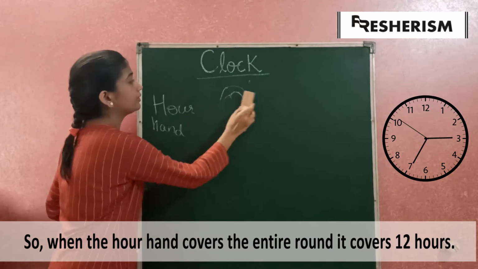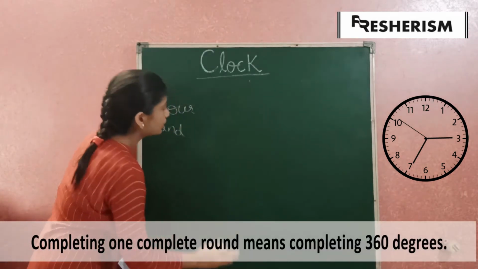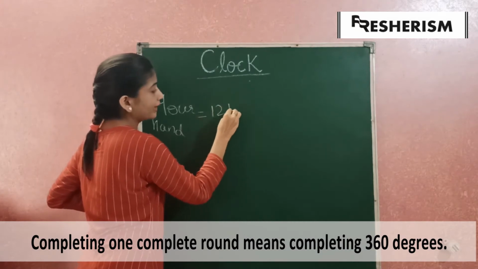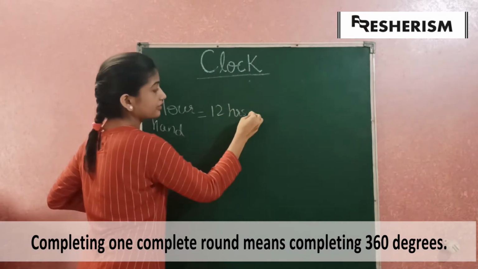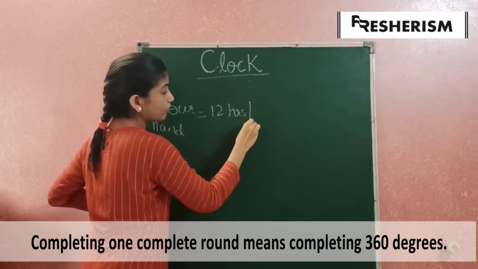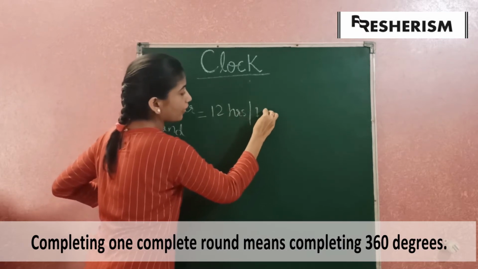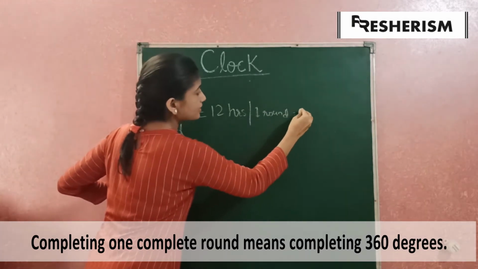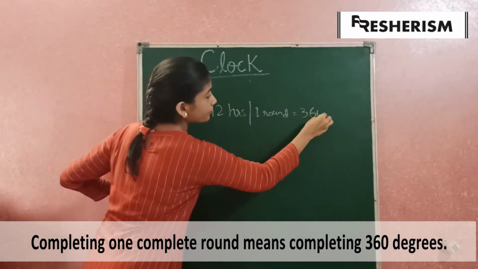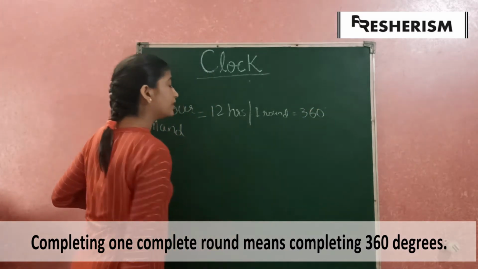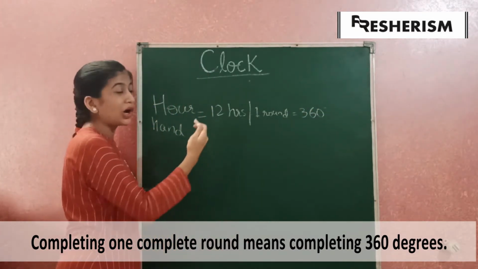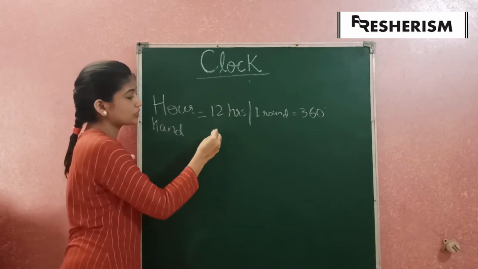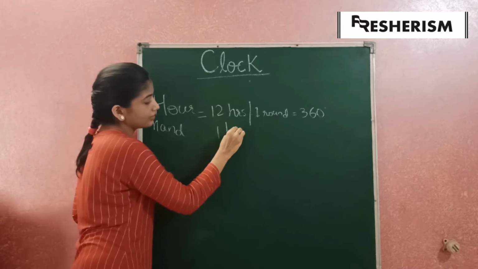If we talk in terms of degrees, for the hour hand, for 12 hours, or one round of the clock, it covers 360 degrees. Suppose someone asks how many degrees the hour hand covers in 1 hour.